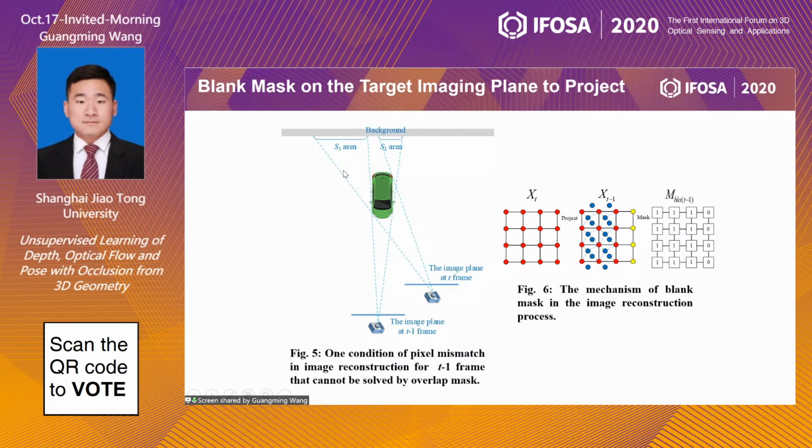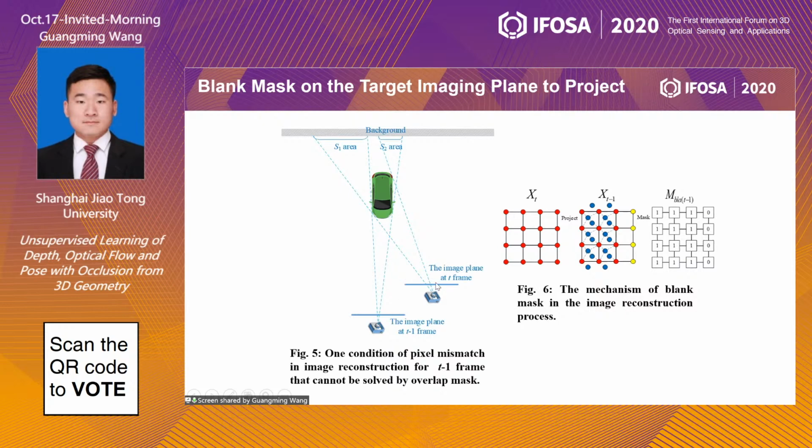Like in figure 5, the SCR can be seen at T-1, but the SCR cannot be seen at T frame. When we project the pixels in the SCR to the T frame, the error cannot be occluded by any pixels, because these pixels can also not be seen by the T-1 frame.